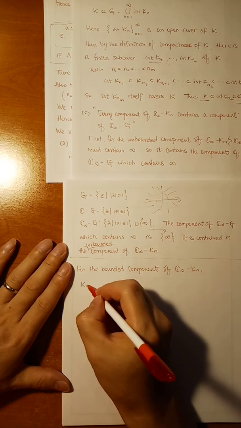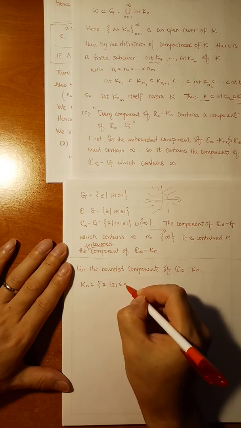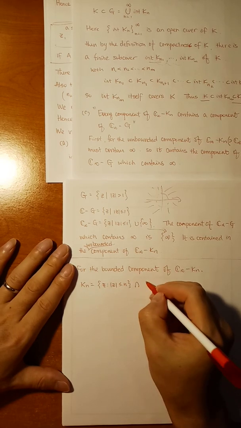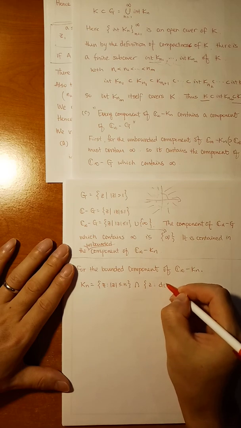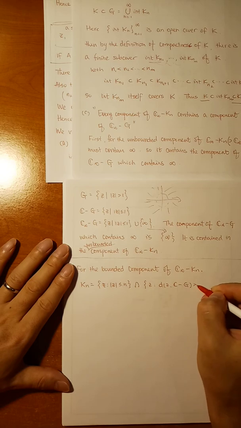What is Kn? Kn is the set of Z with modulus less than or equal to n, intersect Z such that the distance between Z and the complement of G is greater than or equal to 1 over n. This case.